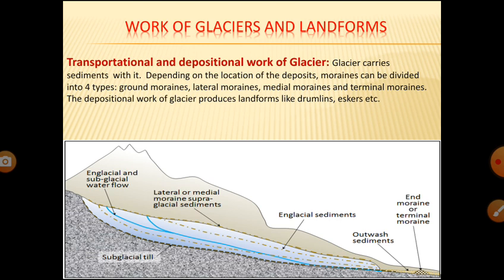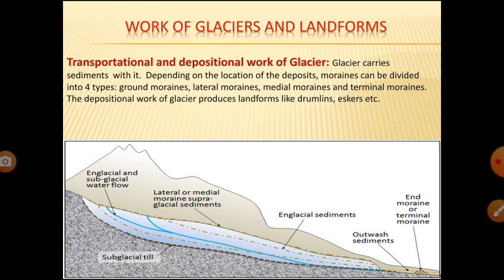A medial moraine consists of a long, narrow line or zone. It runs in the center of the valley floor. Children, this medial moraine runs in the center of a valley floor. And the terminal moraine, also called end moraine, is a moraine deposited at the point of furthest advance of a glacier or ice sheet.